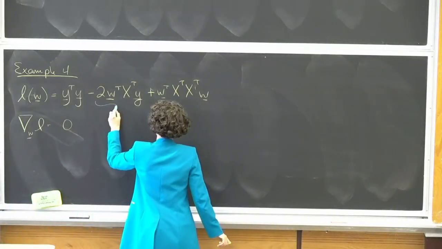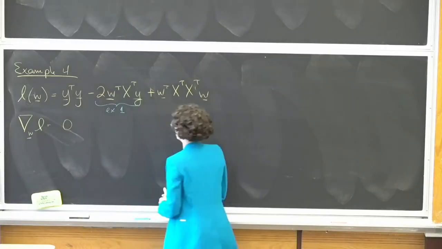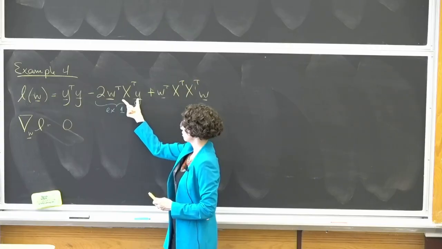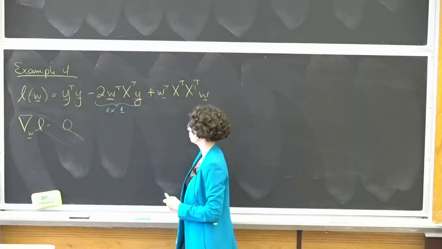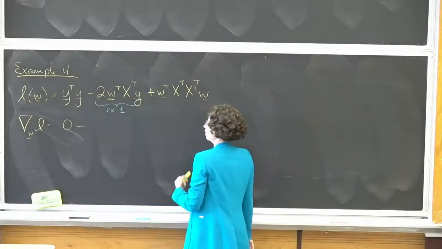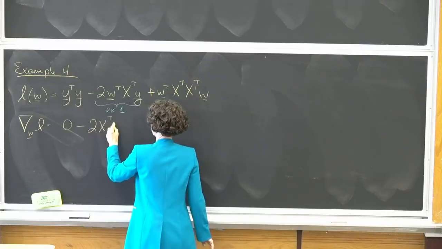Right, this is just like example 1. We have got W transpose times a vector that doesn't depend on W, so it's a constant relative to W. And so we are going to be left with that constant vector, which in this case is 2X transpose Y.